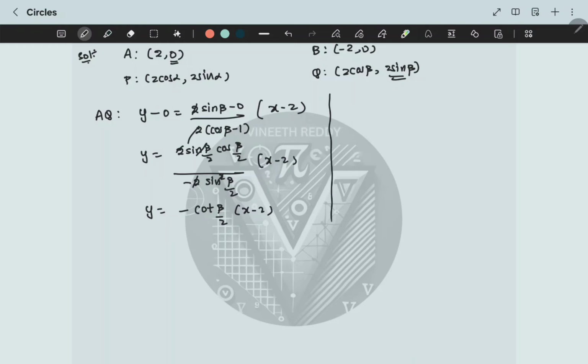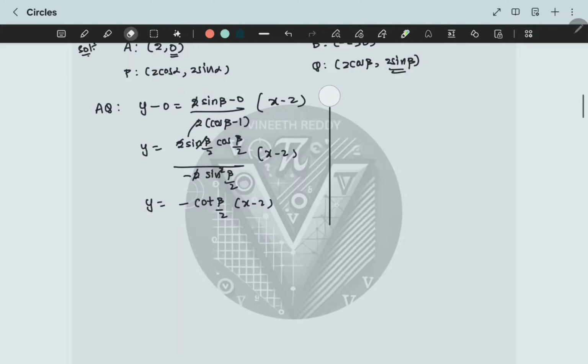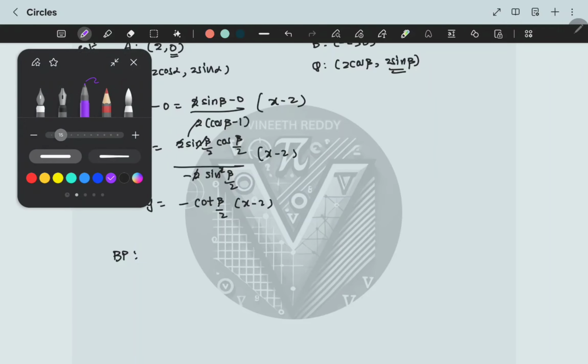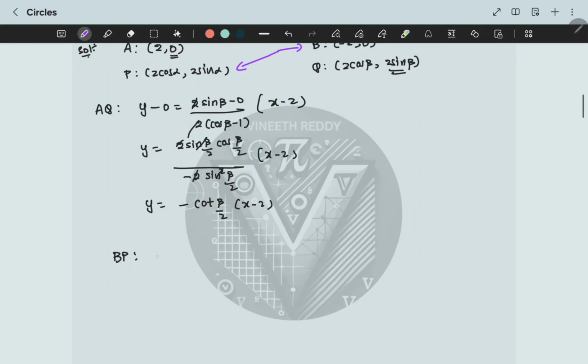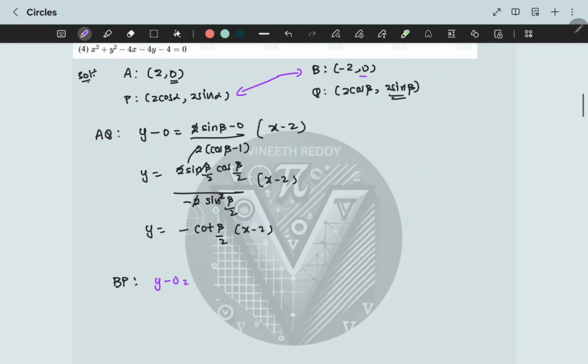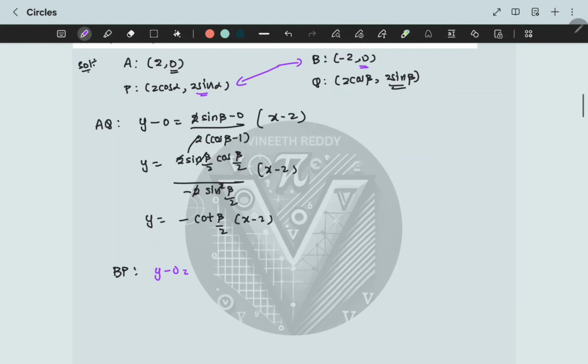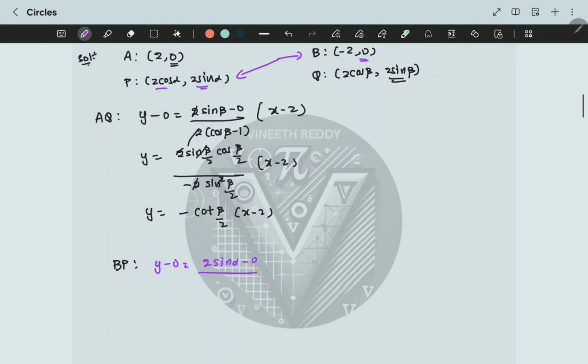Okay, fine. Now we will also find the equation of BP. So equation of BP, we'll use a different thing. Again y minus y1 is equal to y2 minus y1, 2 sin alpha minus 0 divided by x2 minus x1.